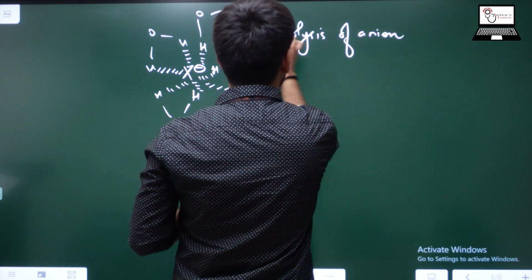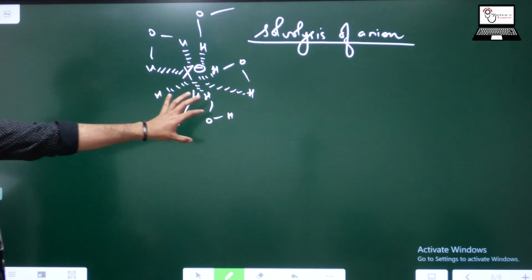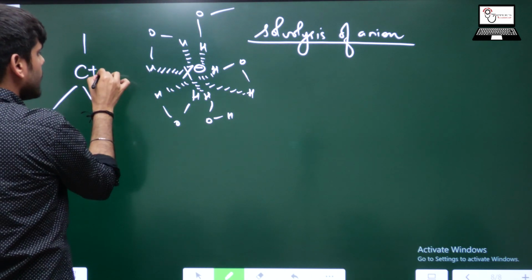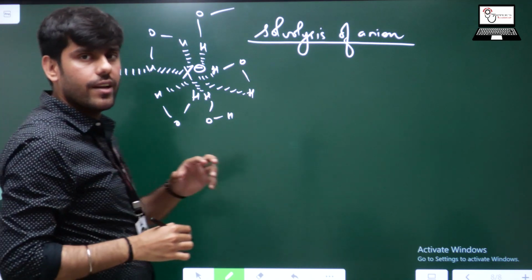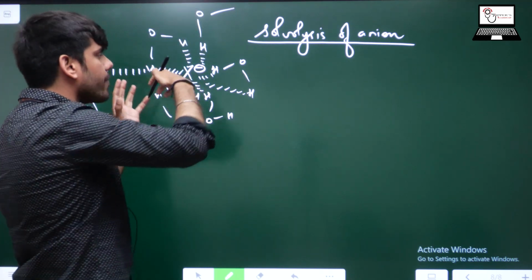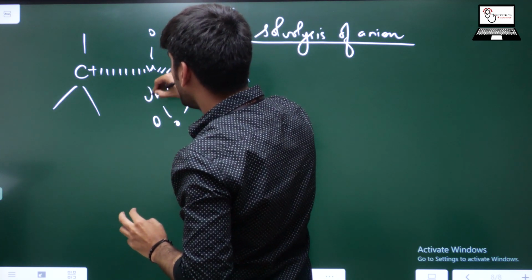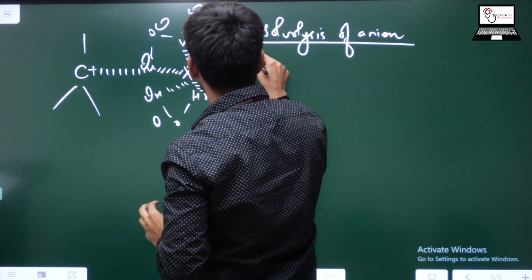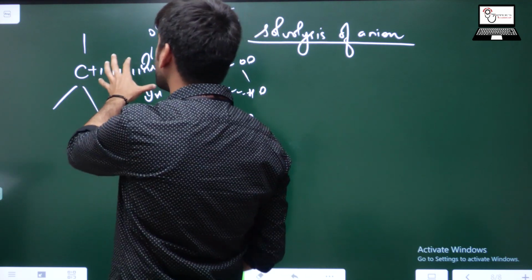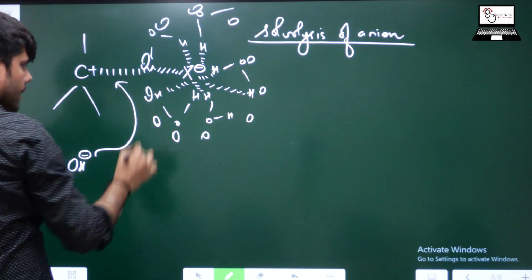Now what happens because of this solvolysis process? The attractions between the anion and the carbocation are somehow weakened, because the water molecules have come and sit in this space. We have a lot of water molecules which surround this anion, and hence they weaken these interactions. If these interactions are weakened, then front side attack is somehow facile.